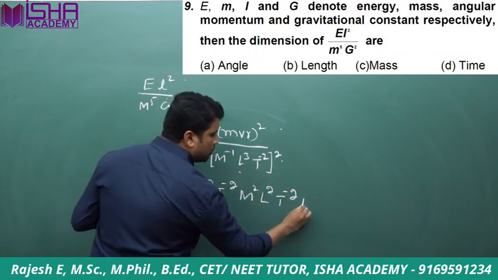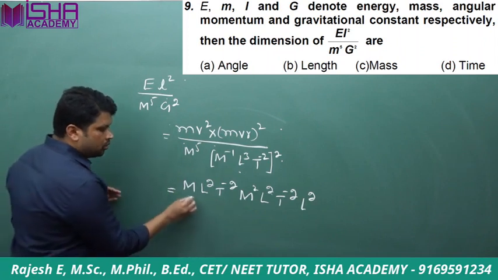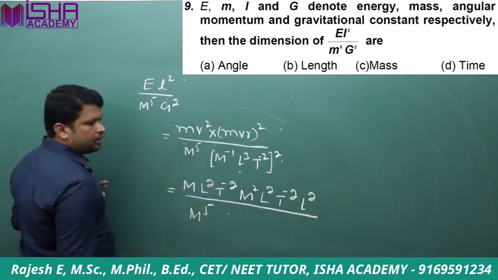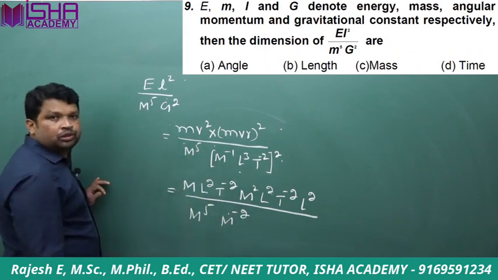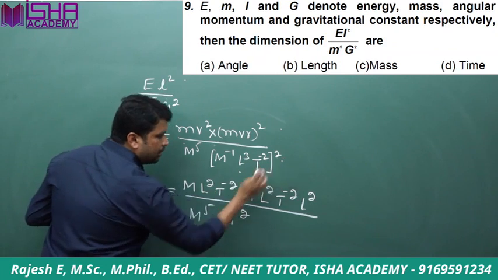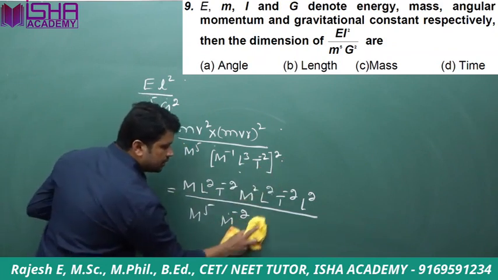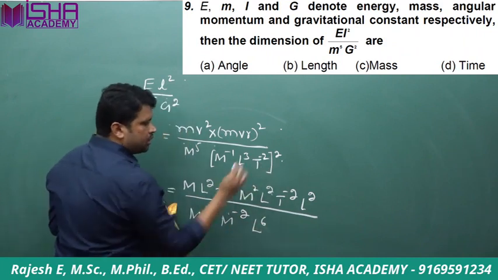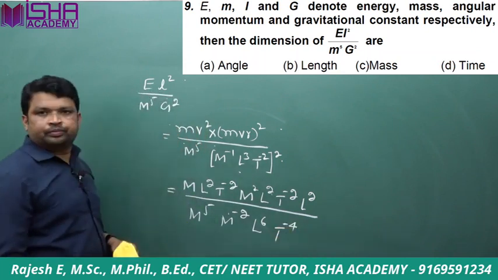So this is R square, so length square. So divided by m to the power 5, and this is m power minus 2. Right? This is L power 6. L power 6, T power minus 2. See this, T power minus 4.